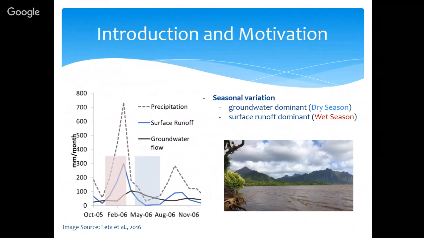And so then surface runoff is much higher. And on the flip side, during the dry season, the summer months, we see the opposite. The precipitation decreases, and we see a change in the proportion, which means that groundwater is the more dominant component.